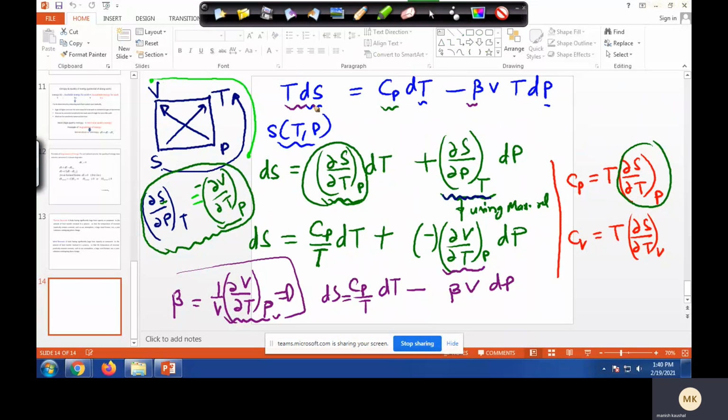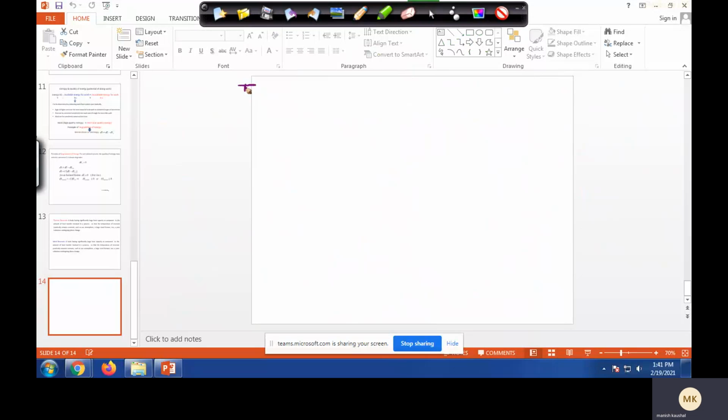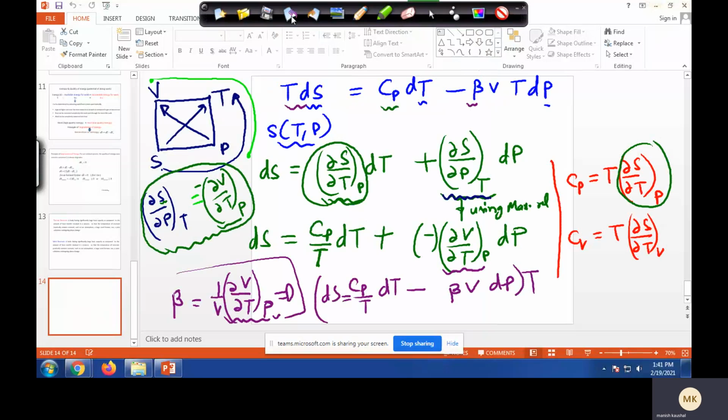But you need TdS, so you have to multiply this whole equation by T, and then you will get what we want to prove, which is TdS is equal to Cp dT minus beta V T dP. Yeah, perfect. Okay, so that's how.